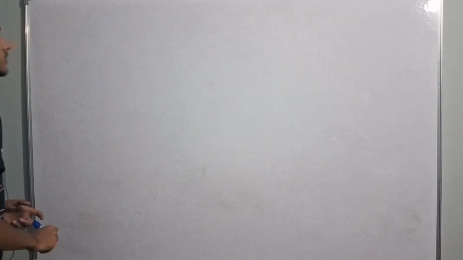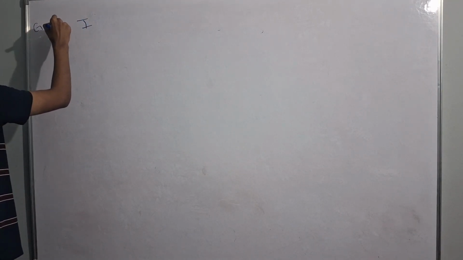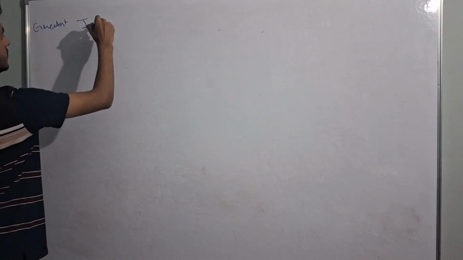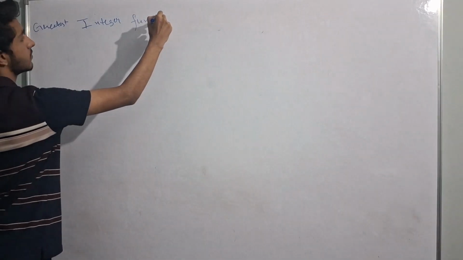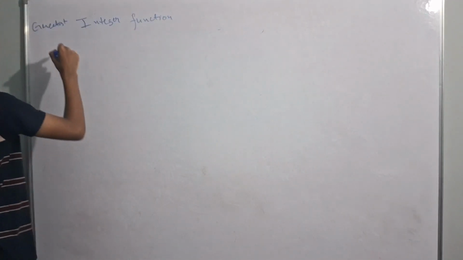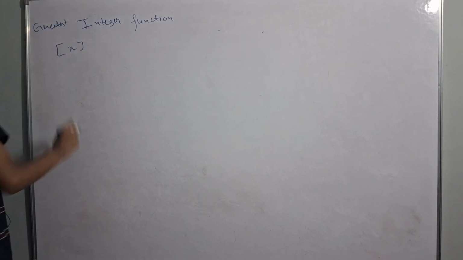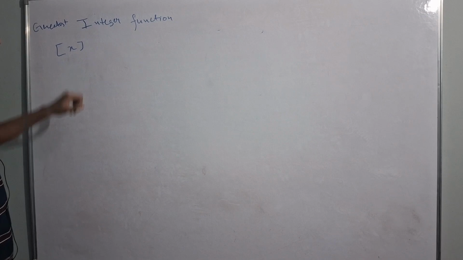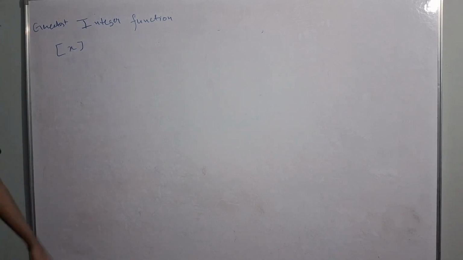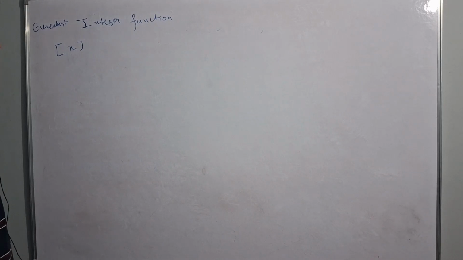So we'll be doing the greatest integer function, and it is denoted by the square brackets and x. So if you get a number in square brackets, then basically that's the greatest integer function. So what exactly is the greatest integer function?